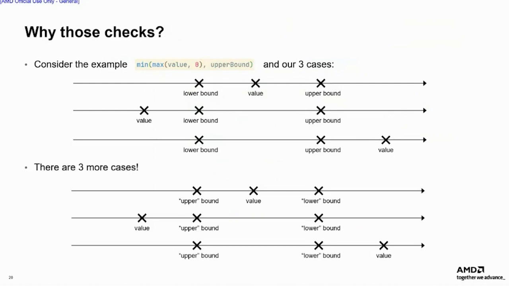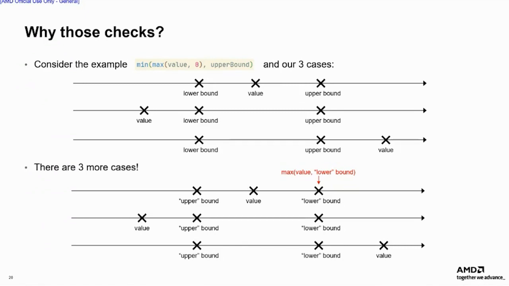Let's see what happens if we execute the max on value and our lower bound. So lower bound is the right one here, that's the 0. Taking the maximum of value and 0 will end up at 0 if our value is lower than 0.